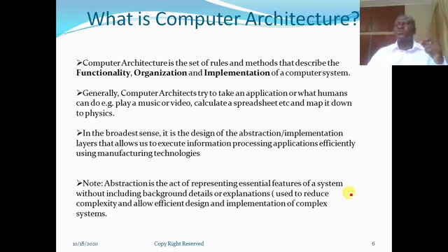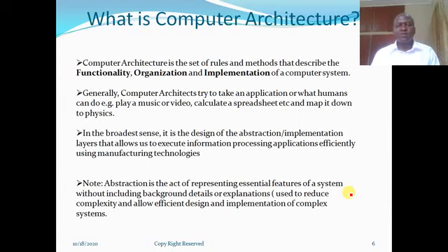Because we all know that ultimately, at the basic heart of a computer system is electronic circuitry consisting of transistors, capacitors, and other electronic devices whose native language is what? Zeros and ones. And of course, within the interconnecting wires, you also have photons and electrons bouncing up and down, interacting with one another.